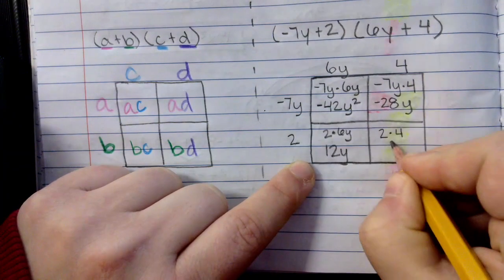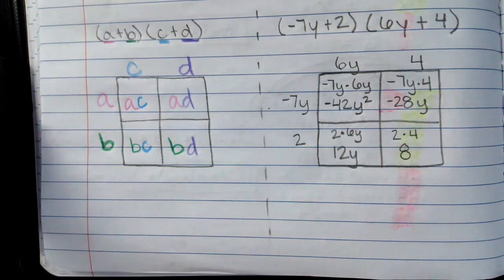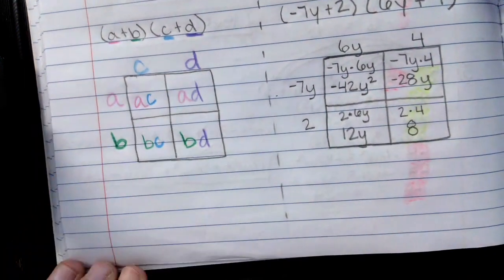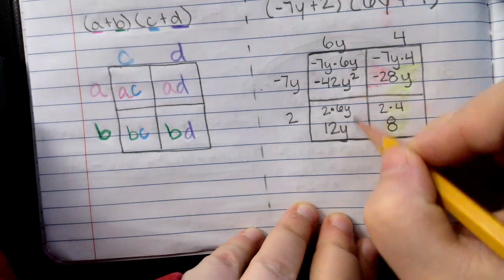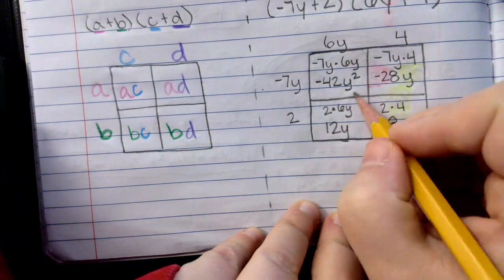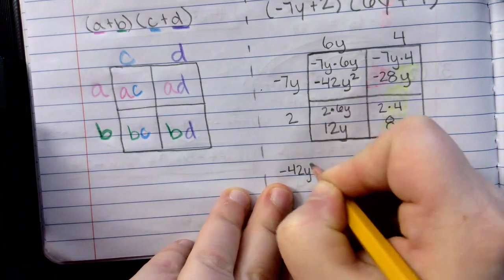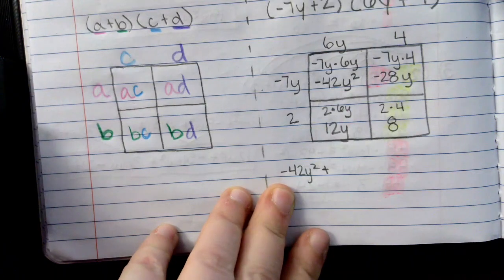We do want to think standard form, so which exponent do I want to start with? Good, the negative 42 because it has a y squared. And then what? Sure, 12y. Negative 28y.